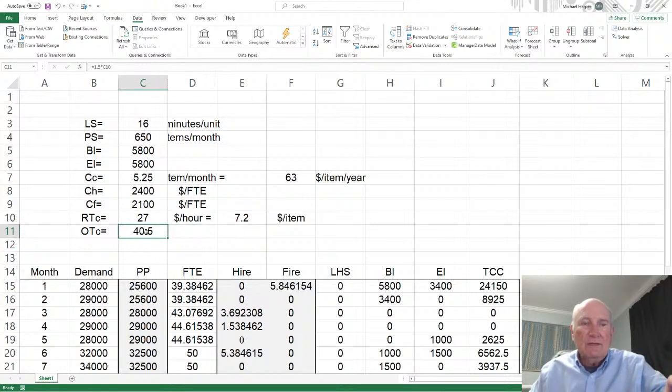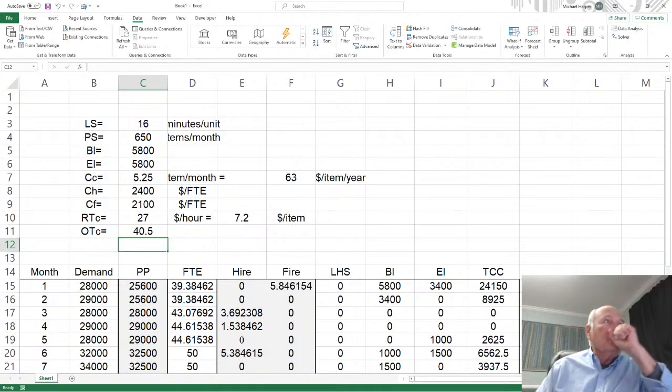Did I do that right? Equals 1.5 times this. I think so. Let me check it to make sure. And then that also, bring this down.